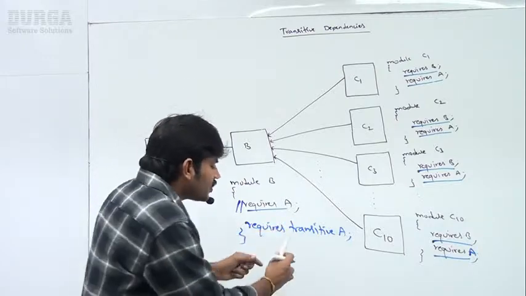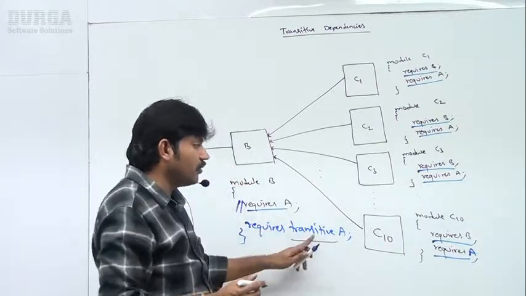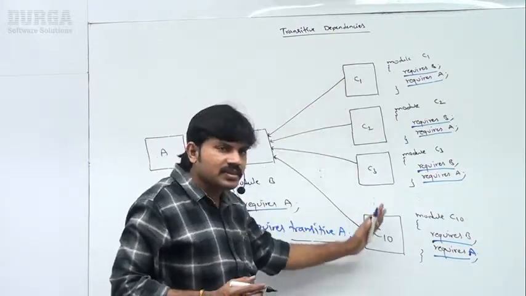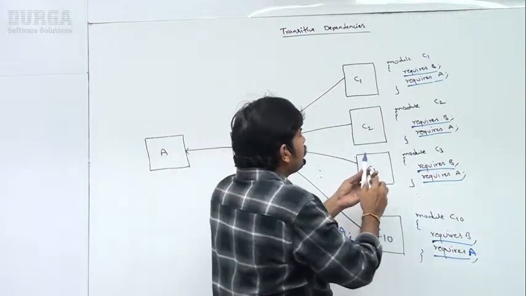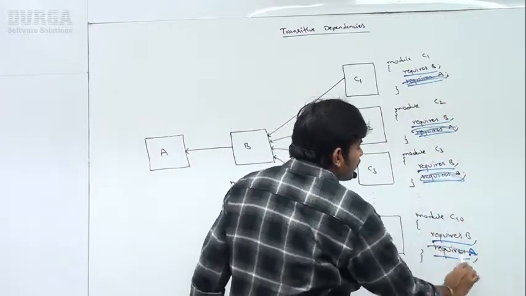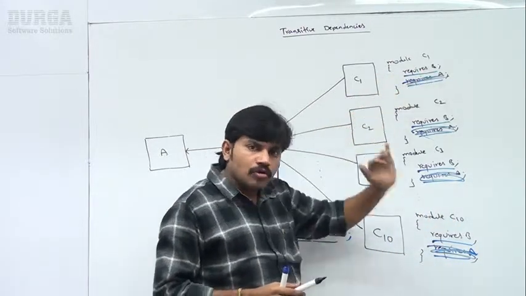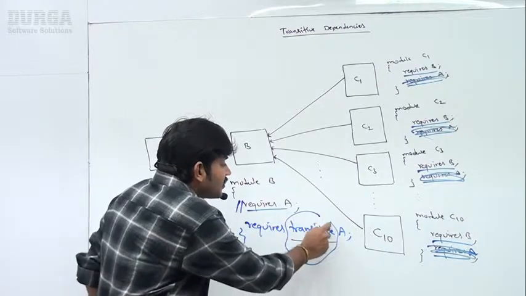If I use transitive here, make sure automatically this A is available to all these next level modules. These modules are not required to use requires A. Are you getting? If they are using requires B, automatically A is also by default available because of this transitive keyword.